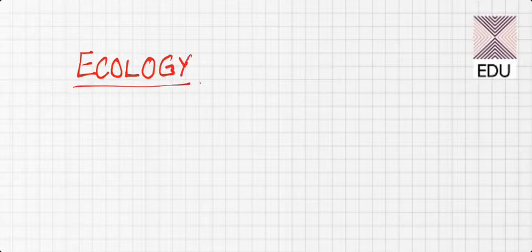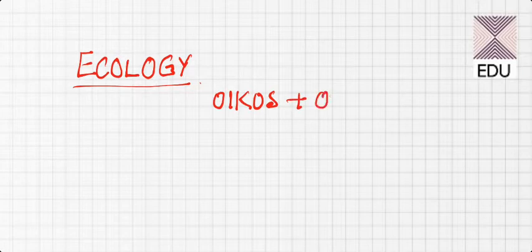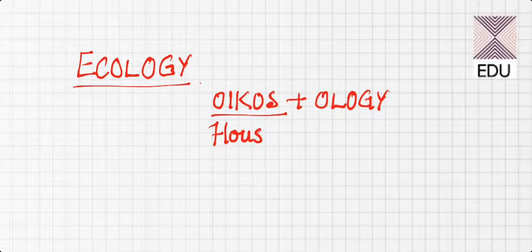So if I take the word ecology into account, this is a word which is composed of two different Greek words, oikos and ology. Oikos refers to house, and ology refers to the study of something.